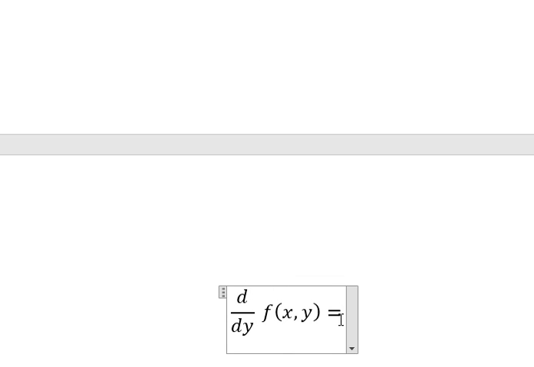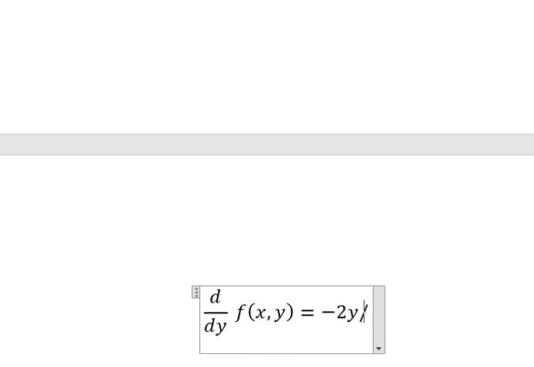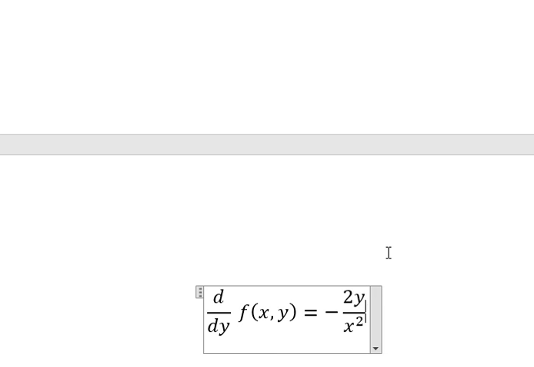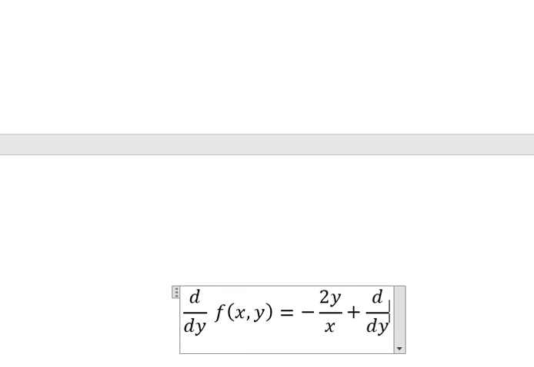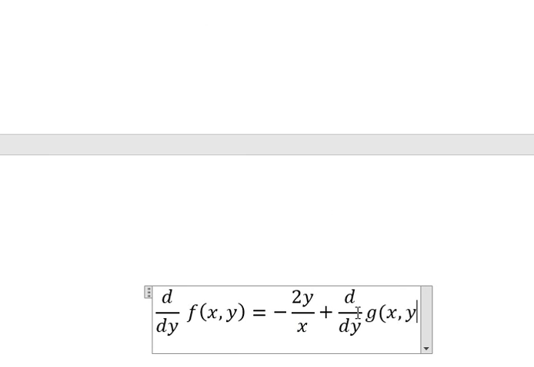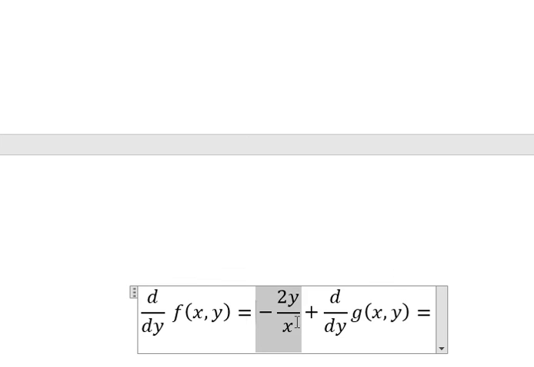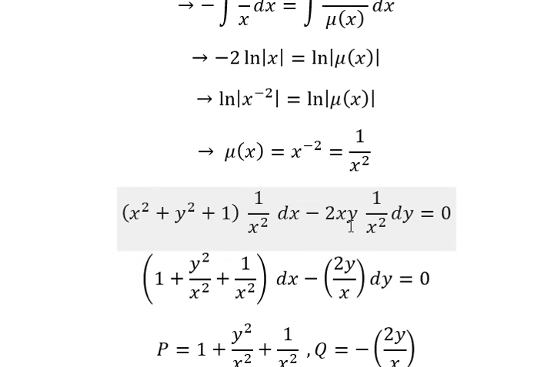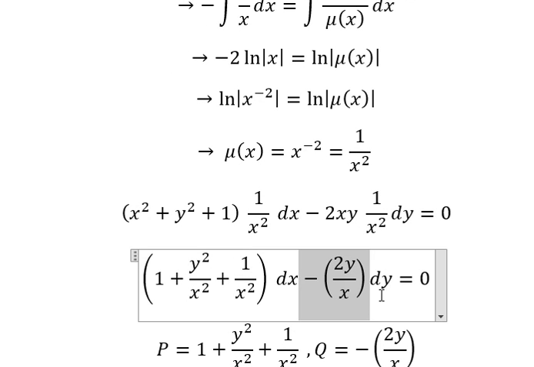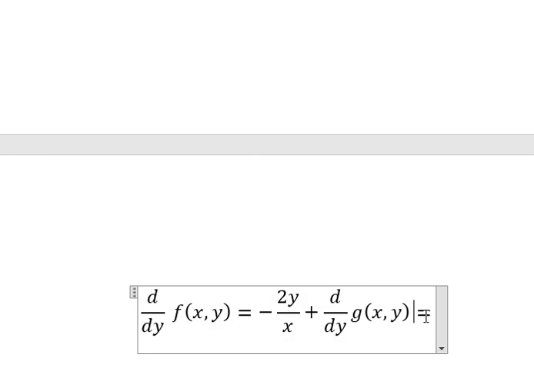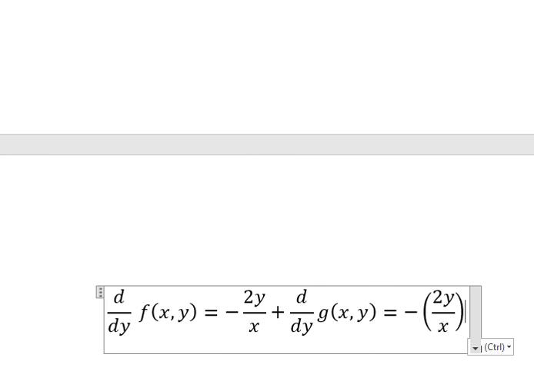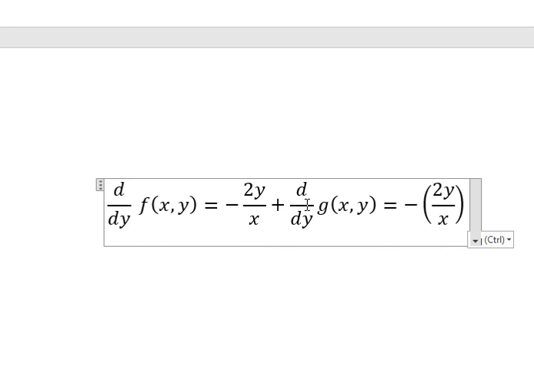So we just have only negative 2y over s squared. Oh sorry, s, and we have d over dy of 3sy, and we know that this one in here equals to this one, and now we need to simplify for both sides.